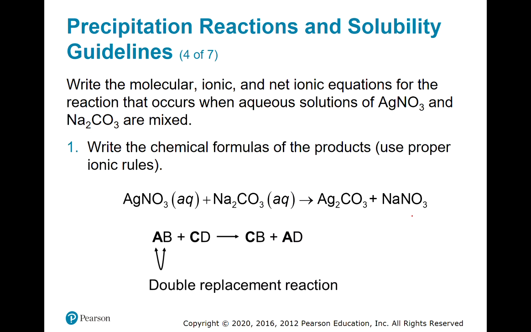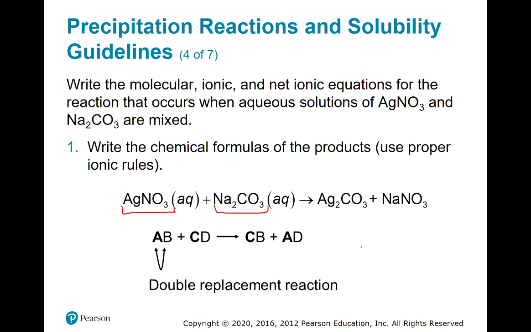So what we need to do is write down the chemical formulas of the products, and I really have to emphasize that we need to use the correct rules for forming ionic compounds from ions with known charges. So for instance, here's our silver nitrate, here's our sodium carbonate. Remember, sodium is +1 and carbonate's 2-, so we need 2 sodiums for every 1 carbonate. And then we need to write the chemical formulas for the products.